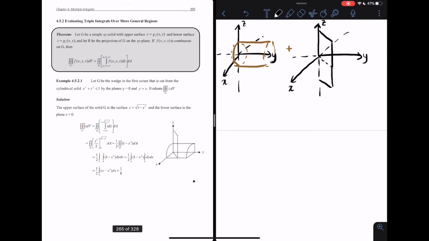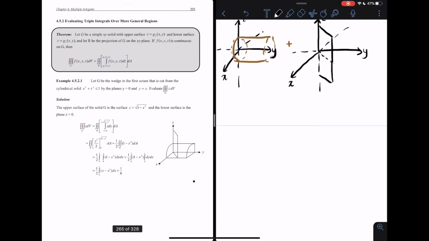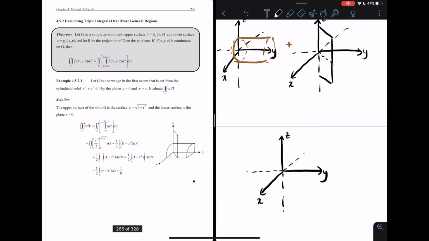Right now I'm going to combine all these surfaces into one three-dimensional coordinate system. I will have z, y, and x. You have to remember we are interested in sketching these surfaces in the first octant only.